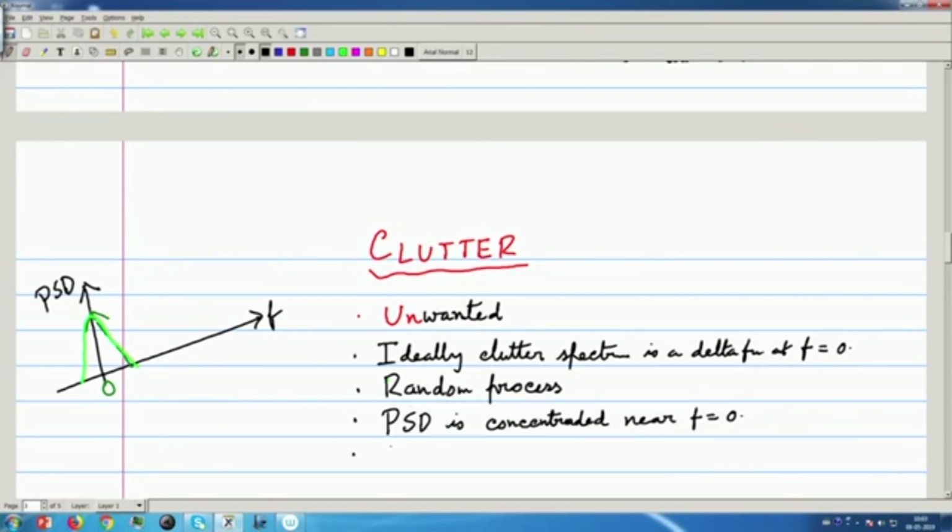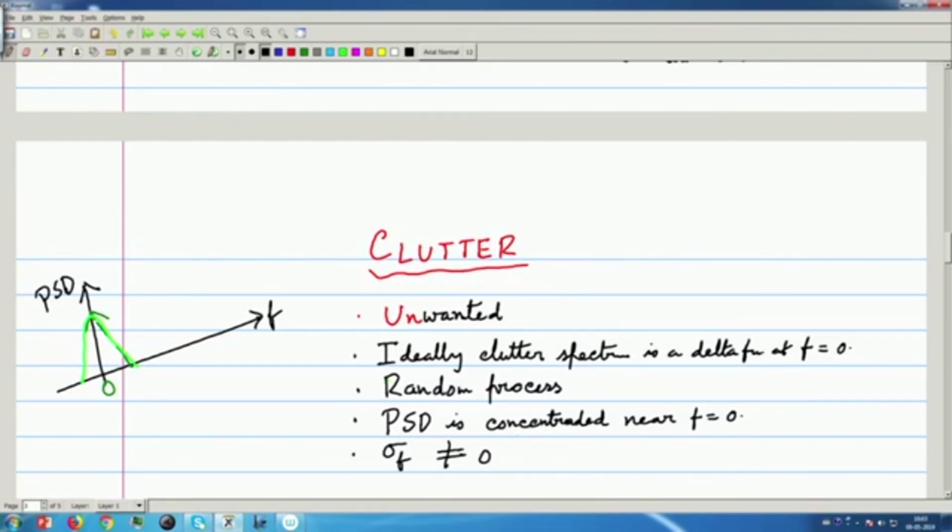This clutter process is characterized by a second order characteristic, its standard deviation, let us call it sigma f, and that is not 0. That is the crux of all this discussion: ideally sigma f should have been 0, but it is not 0.